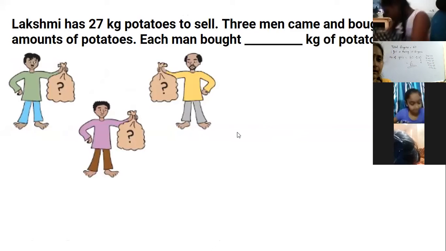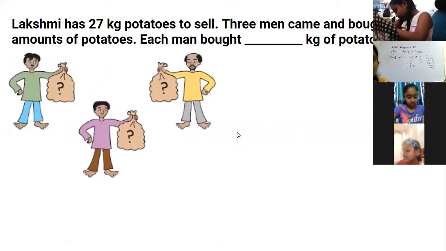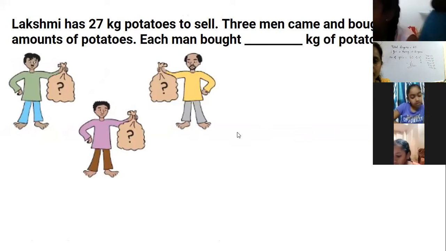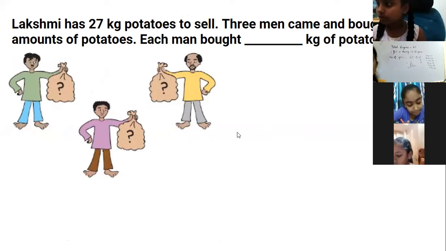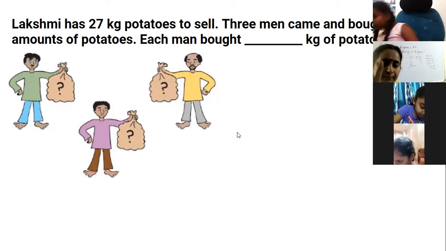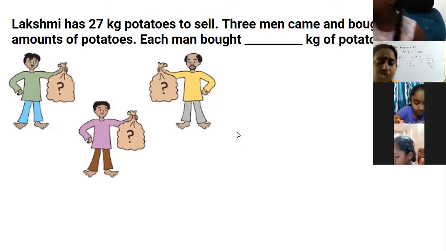See here. Lakshmi has 27 kg potatoes to sell. 3 men came and bought an equal amount of potatoes. That means 27 kg potatoes are distributed among 3 men.